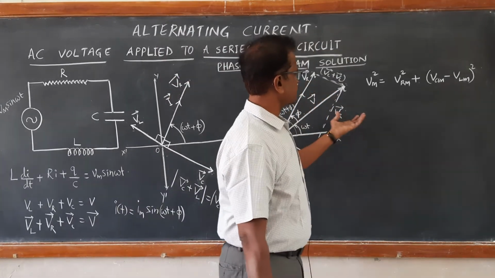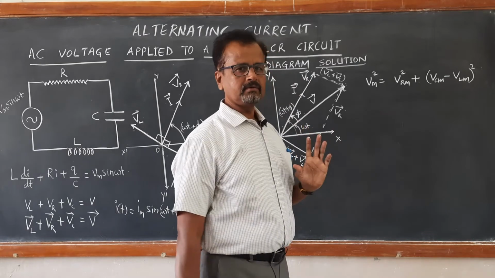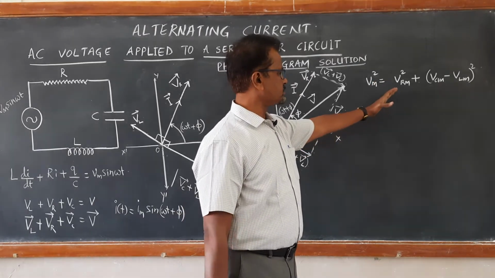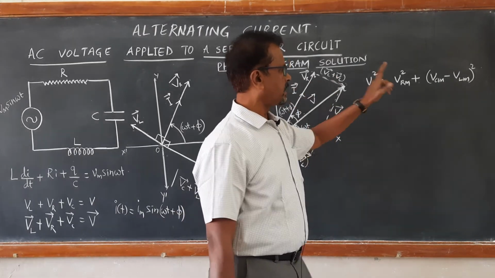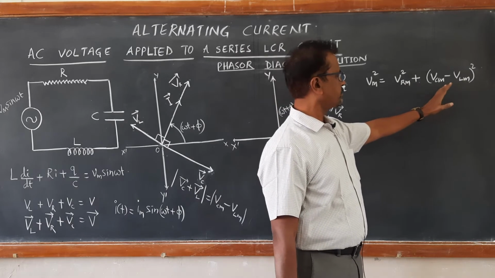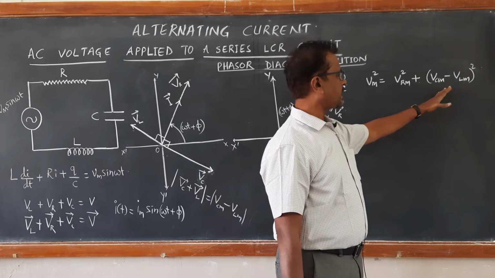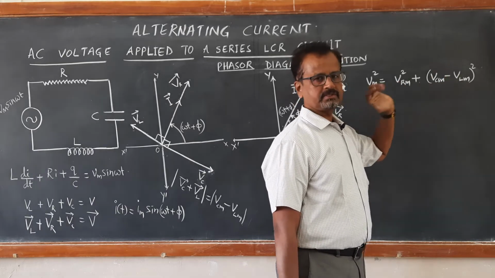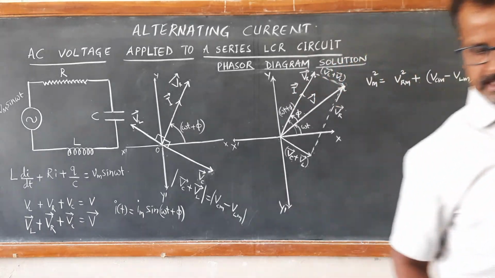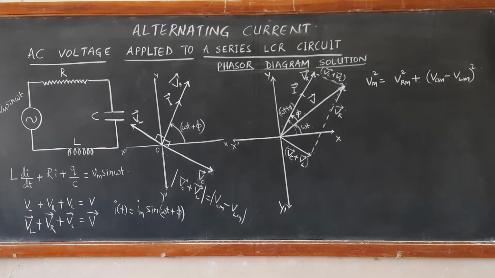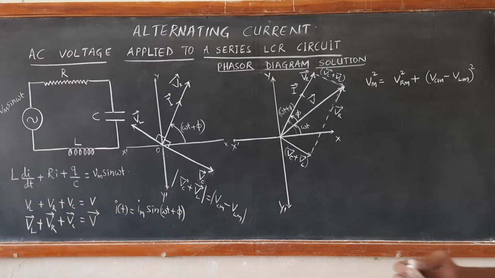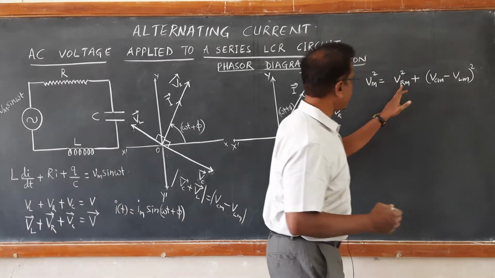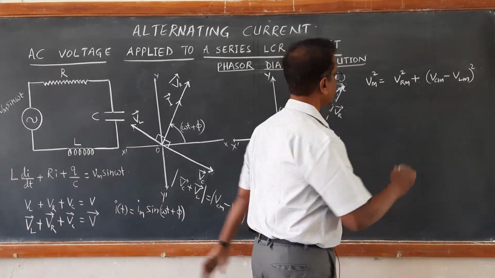This can be expressed in terms of the product of the resistance and the current, and this can be expressed as again the product of the current and the resulting reactances. That is what we are going to write. Now we will substitute the values of Vrm, Vcm and VLm.